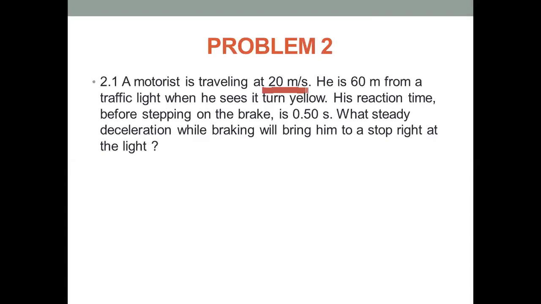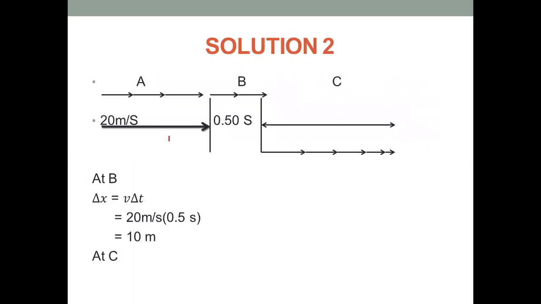Then we consider it also when it's traveling at 20 meters per second, just before the reaction. We also consider the car while it is slowing down. So this is A, while the object is moving at 20 meters per second.